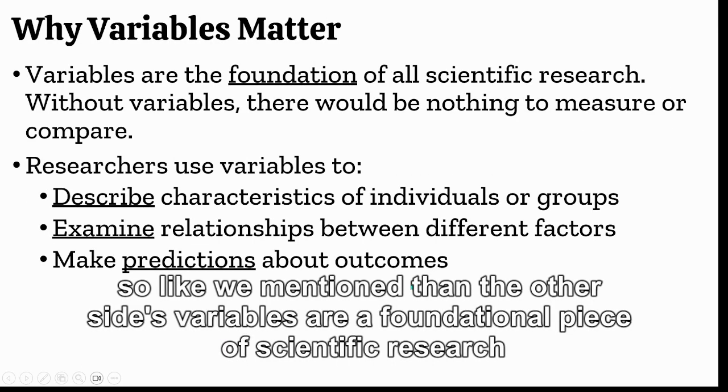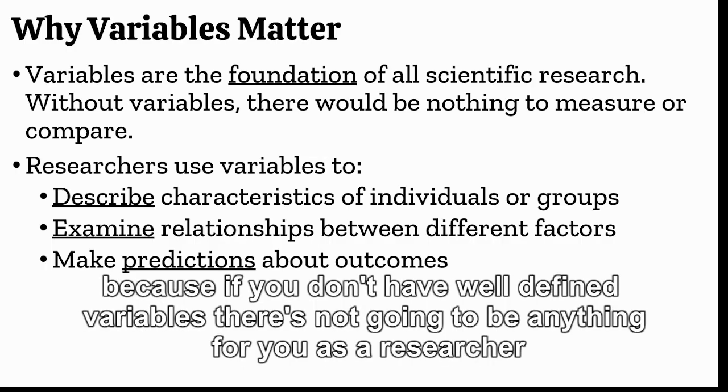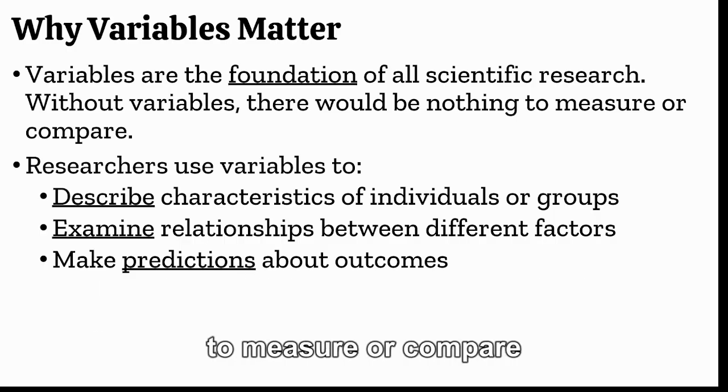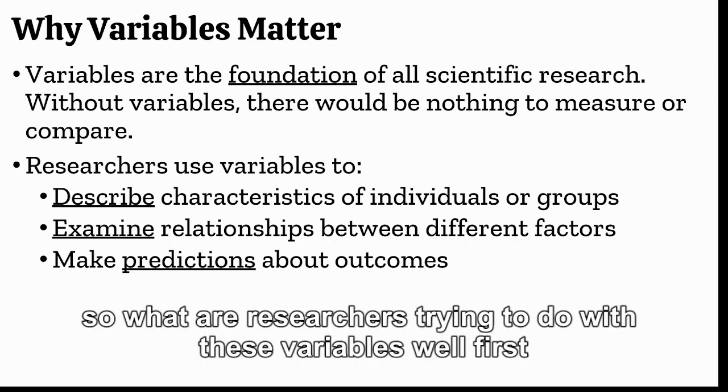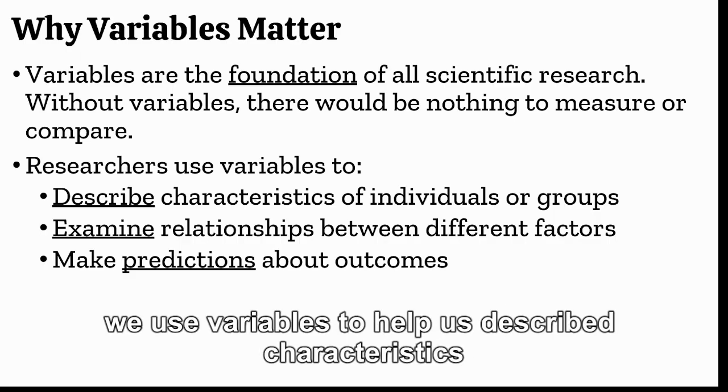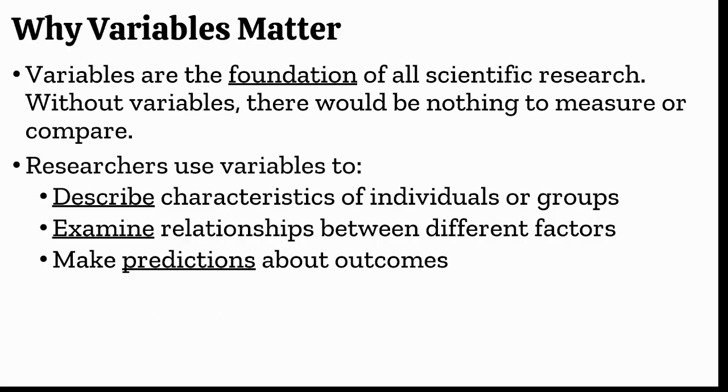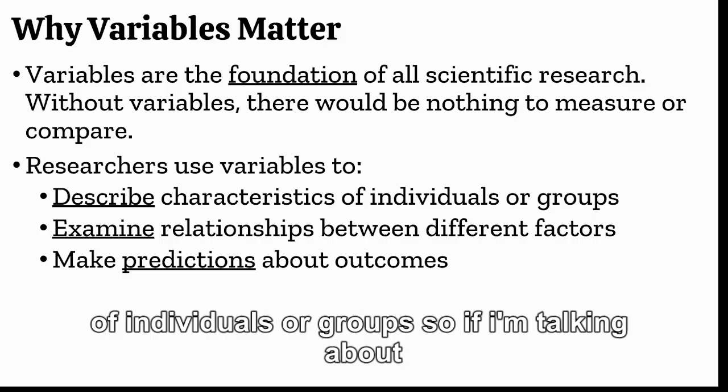So like we mentioned in the other slides, variables are a foundational piece of scientific research, because if you don't have well-defined variables, there's not going to be anything for you as a researcher to measure or compare. So what are researchers trying to do with these variables? Well, first, we use variables to help us describe characteristics of individuals or groups.